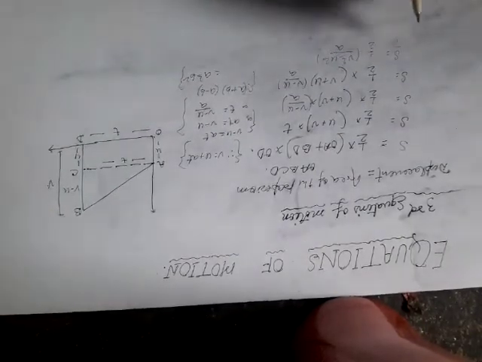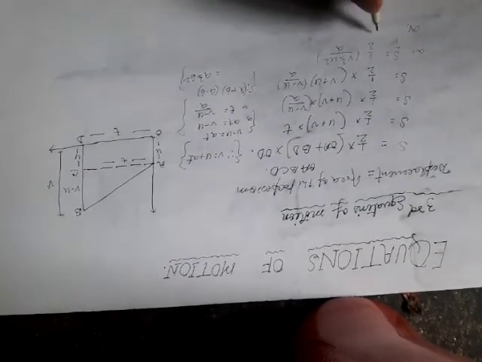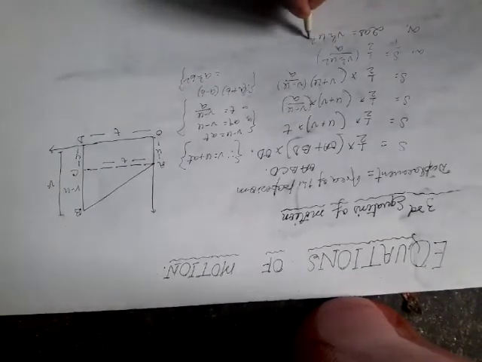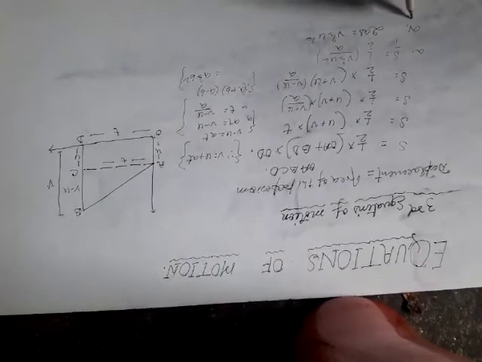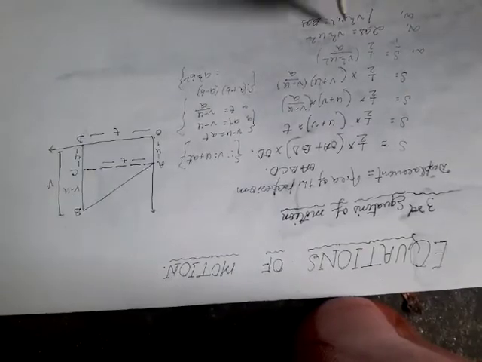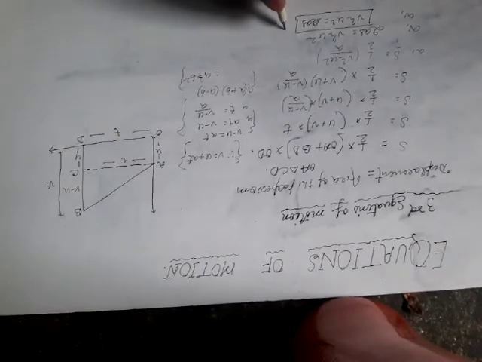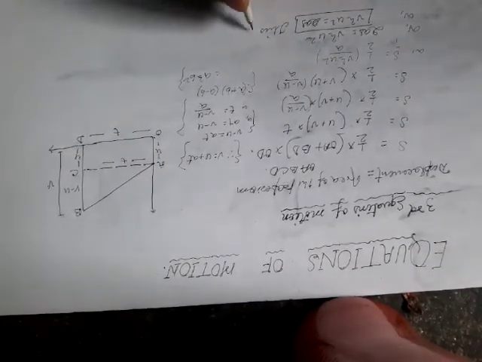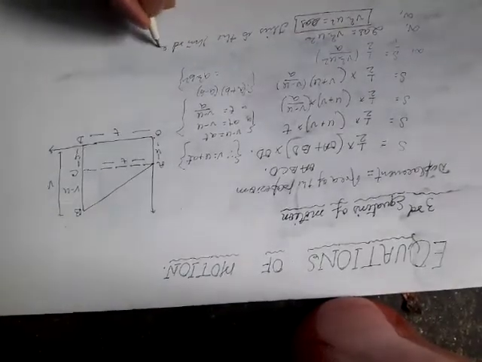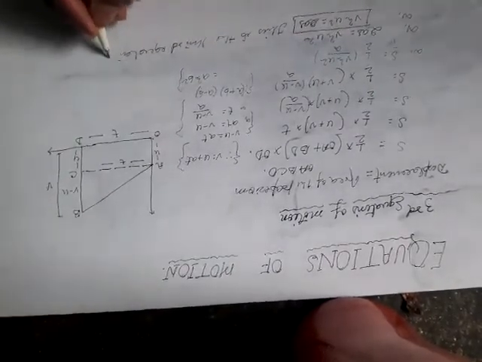If we do cross multiplication, we get 2as equals v square minus u square, or v square minus u square equals 2as. This is the third equation of motion.